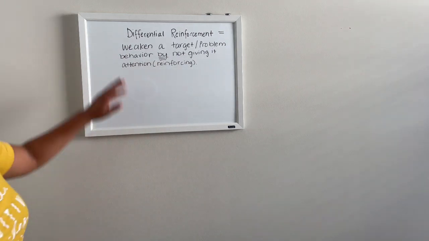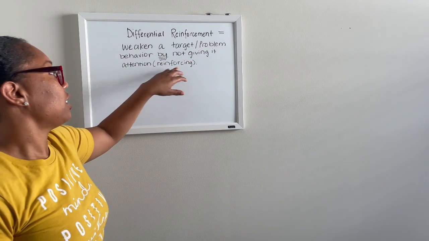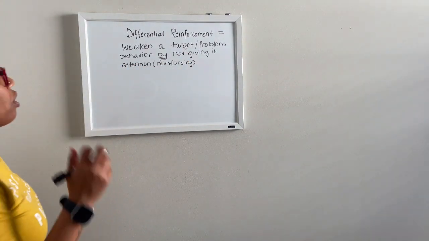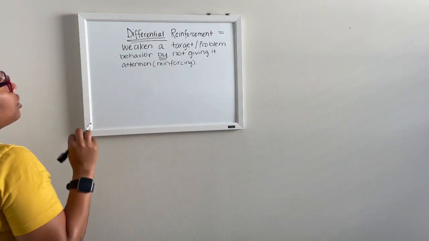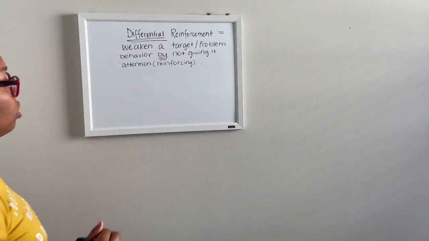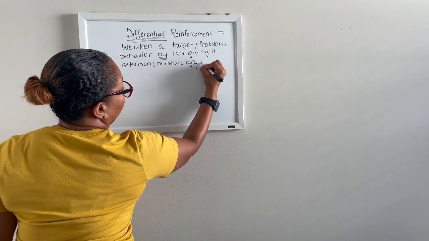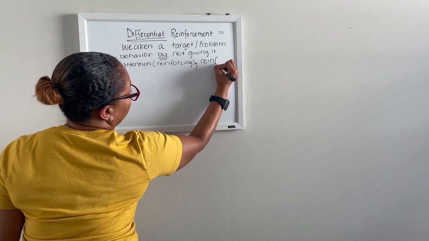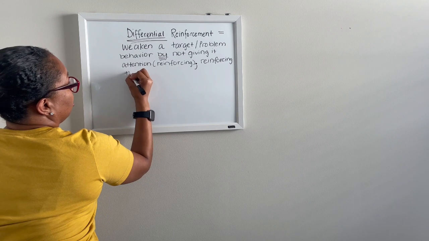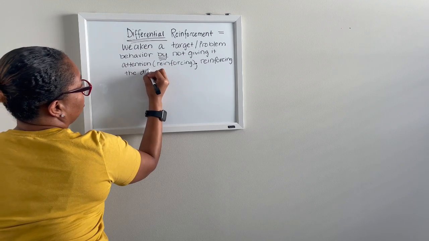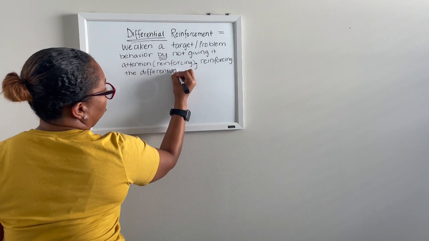So, for weakening a target/problem behavior by not giving it attention, what we're also doing, this is where the differentiation, or differential, part comes in, is that we are also reinforcing the differential behavior.